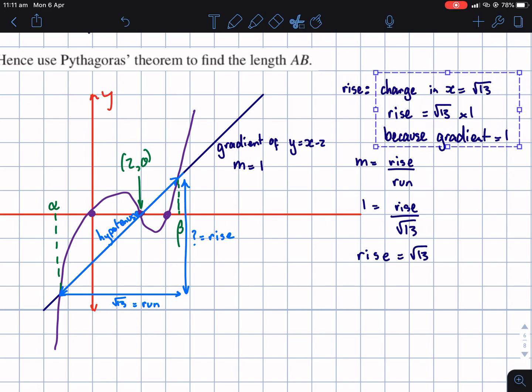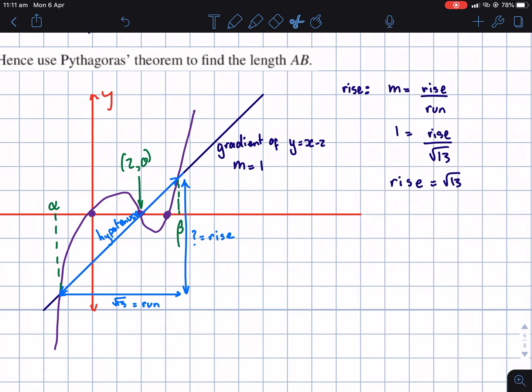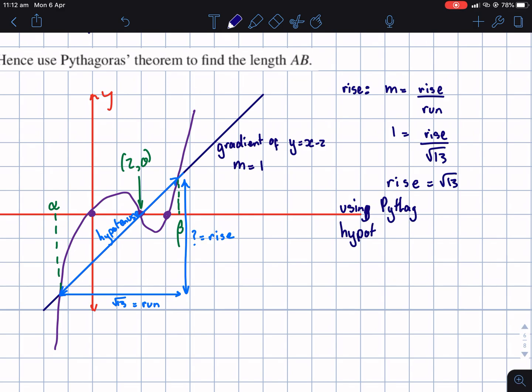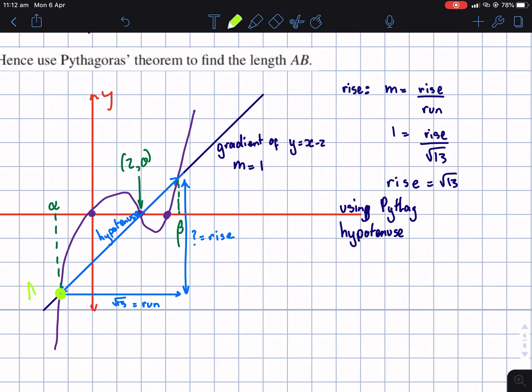I'm just going to get rid of this. Then using Pythagoras, the hypotenuse, which is the distance between point A and point B, so it's the distance along this line.